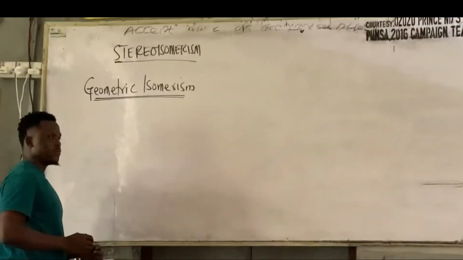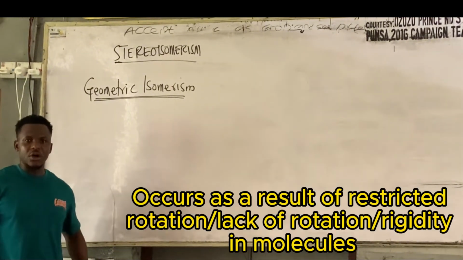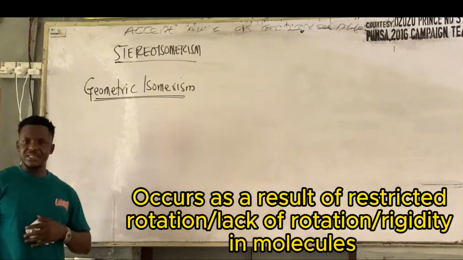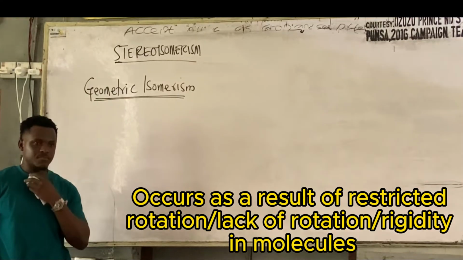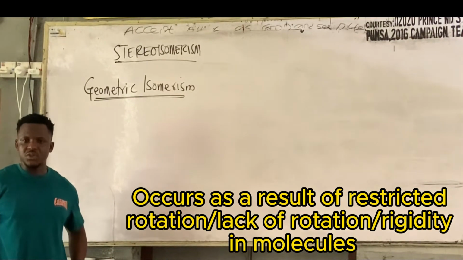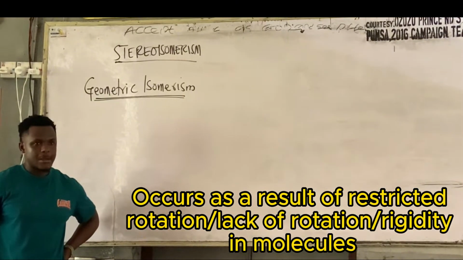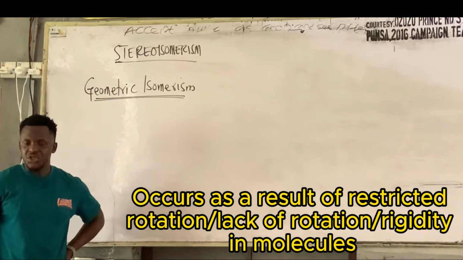Geometric isomerism occurs as a result of restricted rotation or lack of rotation.